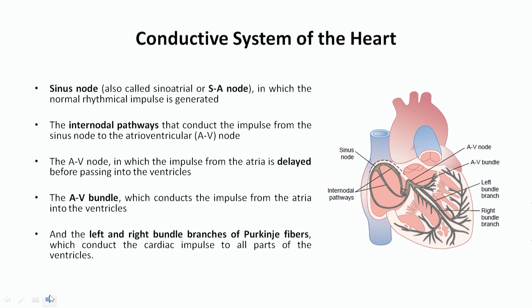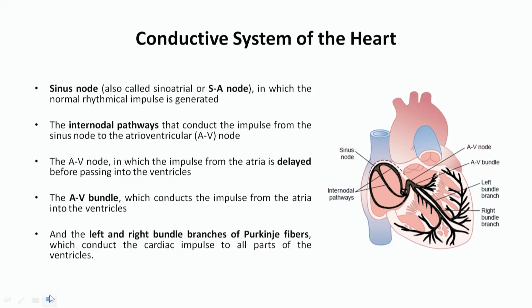Now coming to the conductive system of the heart, we have already given a brief idea. They are the SA node, then the internodal pathway that conducts the impulse from the sinus node to the atrioventricular node, and the AV node, in which the impulse from the atria is delayed before passing into the ventricle. The main function of the atrioventricular node is to delay the impulse.